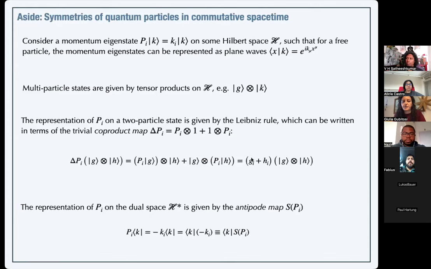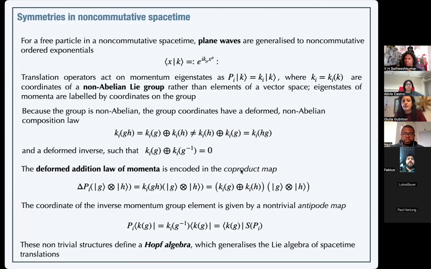Okay, earlier we had just G plus H, and now we have the coordinate referring to G summed in a deformed way to the coordinate referring to H. And similarly, you have a deformed action on the dual space, okay? Now, when these structures, the coproduct and the antipode, are non-trivial, they form a Hopf algebra, no longer a Lie algebra. So earlier translations were given by a Lie algebra.